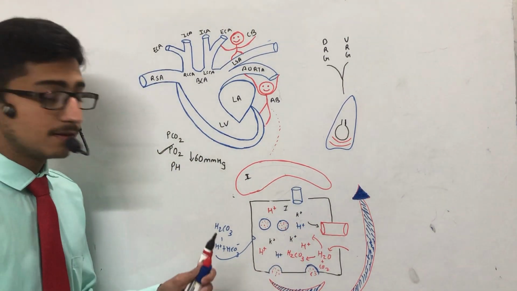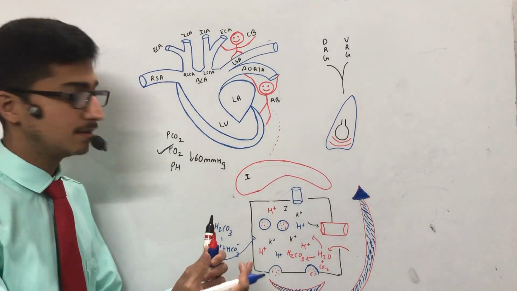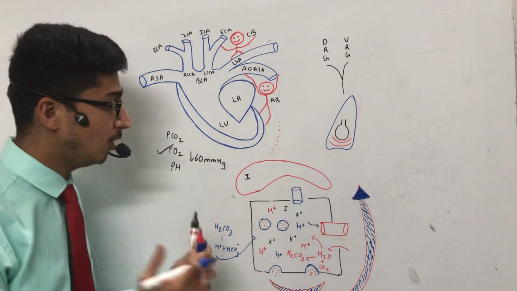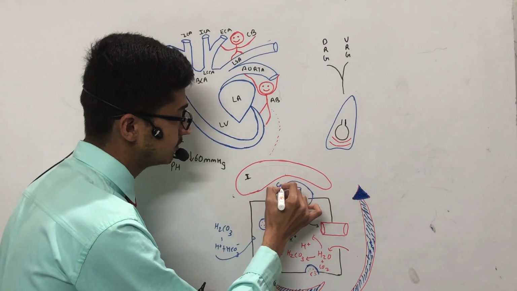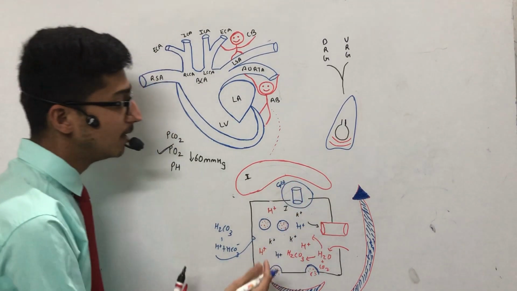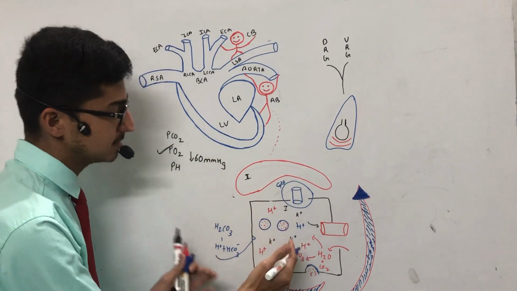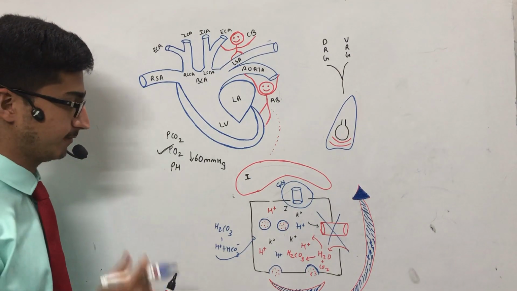Now, as you can see, inside the cell the positivity increases. It will cause opening of an important channel, the calcium channel. Due to the increase in the H plus ion inside the cell, the potassium channel will get closed off.